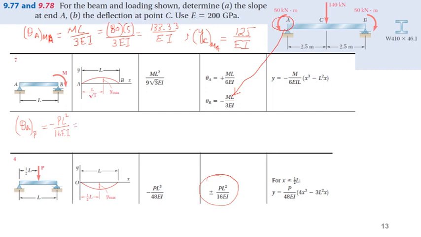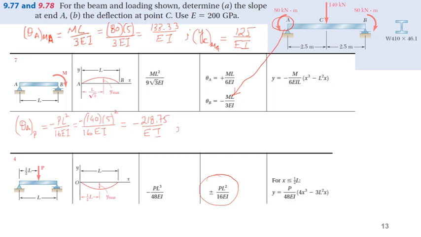Putting in the values, P is 140, we know L is 5, and 16 EI. So theta A due to P will be minus 218.75 over EI.